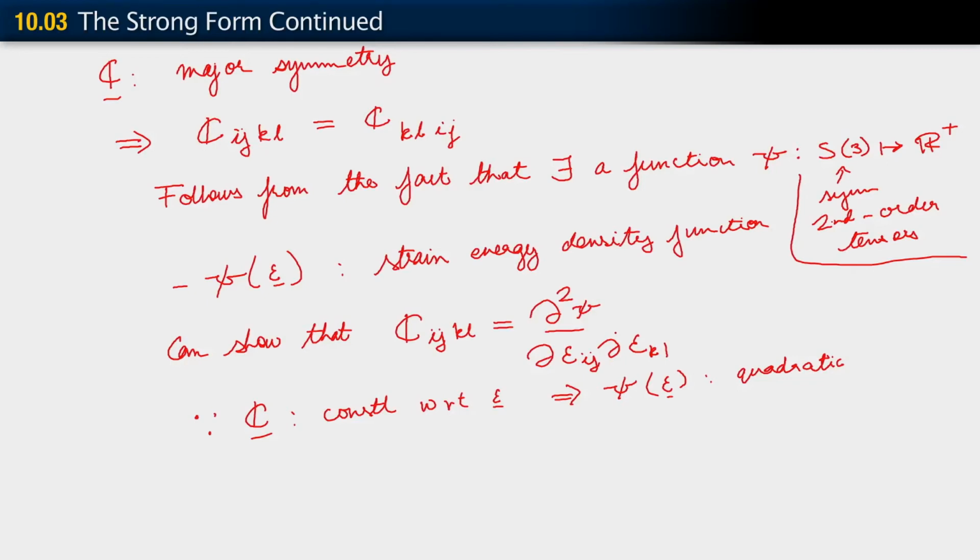Because Cijkl has that relation to the second derivative of psi with respect to epsilon, it follows that Cijkl, which is equal to the second derivative of psi with respect to epsilon ij and epsilon kl, is also the second derivative of psi with respect to epsilon kl and epsilon ij.